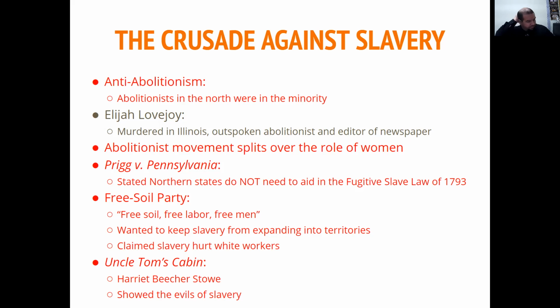Anti-abolitionism. So abolitionists in the North were a very small minority. Although, yes, we always assume the North was against slavery, there is that few minority who actually advocated ending it. Yes, the Northern merchants and business owners were like, yeah, we don't like slavery.